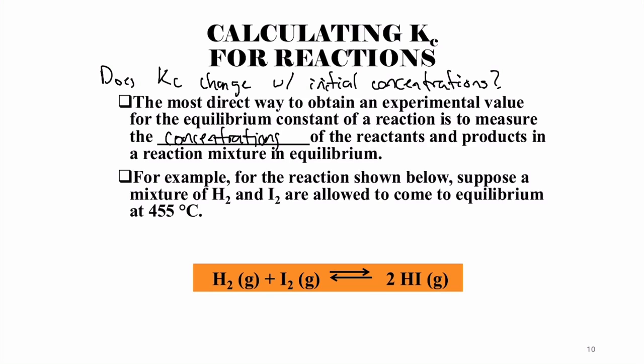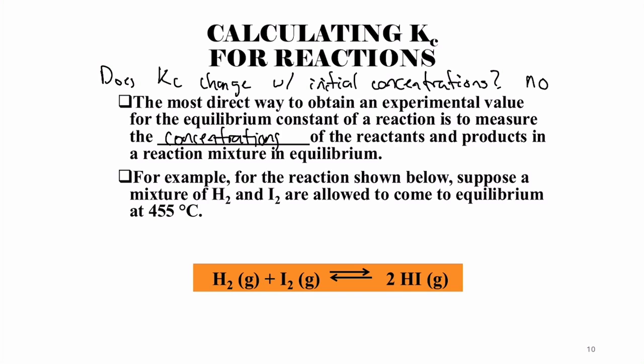Different, right? And you were supposed to average all of your equilibrium constants together. Do you think they're supposed to be close together or far apart? Close together, right? So you should get the same equilibrium constant no matter what initial conditions you start with. Why? Because it doesn't matter what the initial concentrations are, just what the ratio of the concentrations are at equilibrium, right?